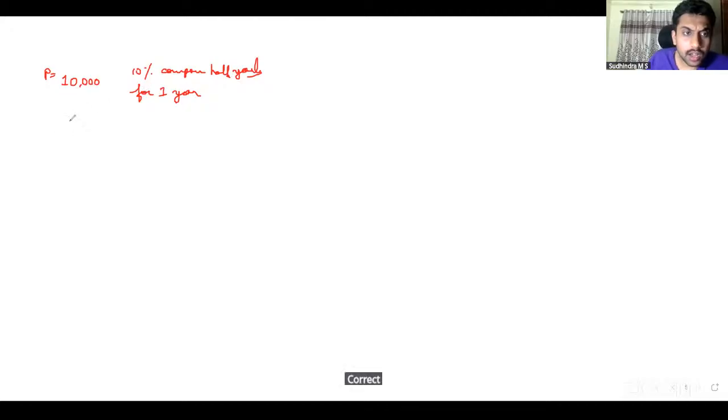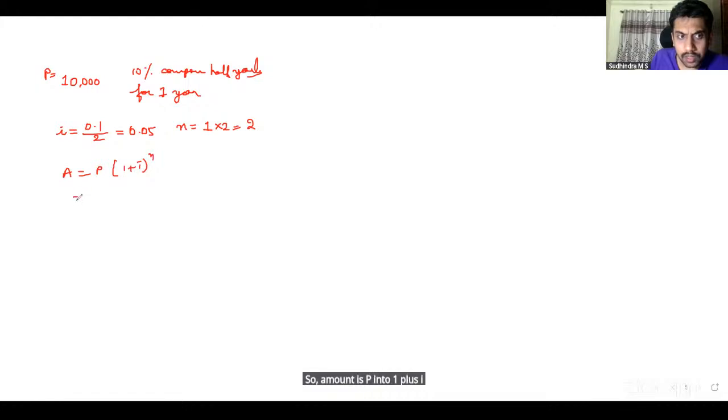Correct, everyone? Here, what is i? 0.1 divided by 2, which is 0.05. What is n? 1 year into 2 conversions. So n is 2. So amount is P into (1 plus i) to the power n. That is 10,000 into 1.05 squared.